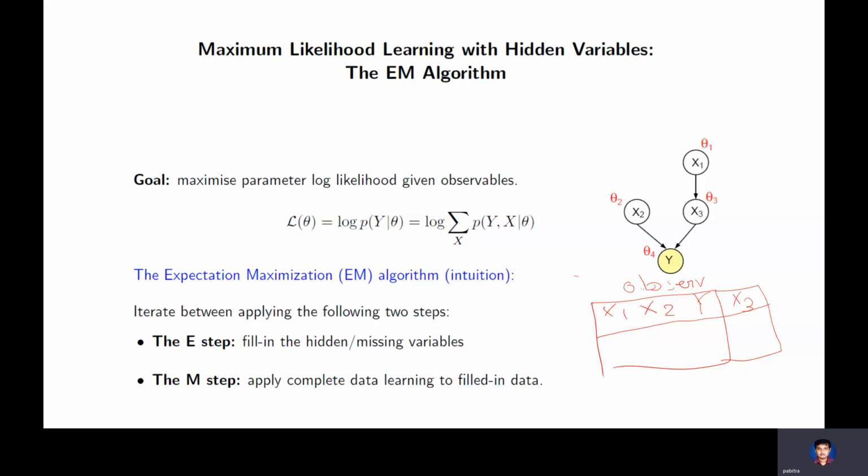So what do we do in the E step when we do parameter learning? Suppose I want to learn the CPT for y itself, not x3. All the parents of x3 are observed, but one of the parents of y is not observed.